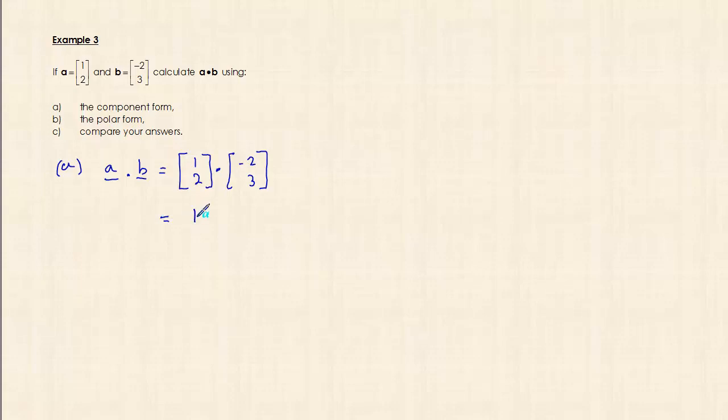So that's 1 times negative 2 plus 2 times 3, which is negative 2 plus 6, giving us 4.